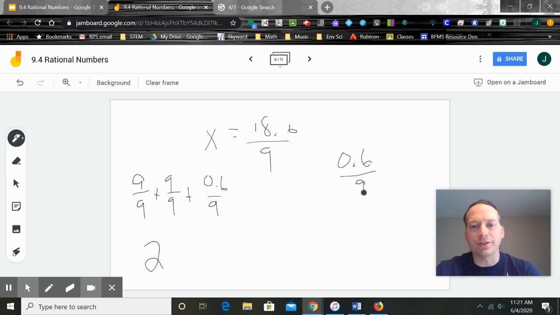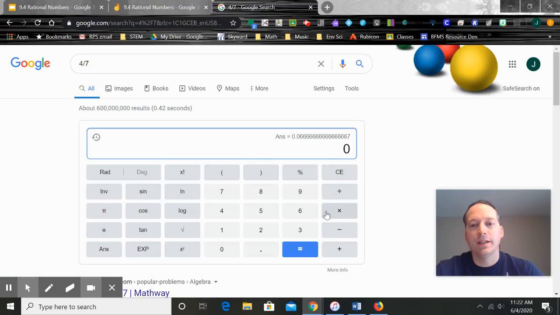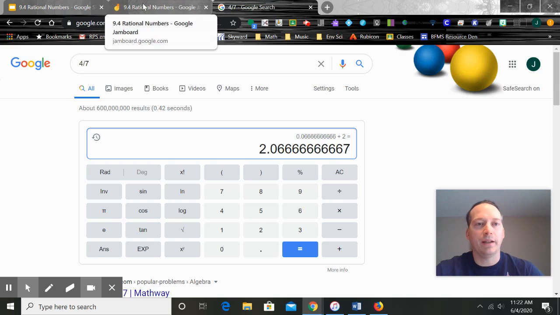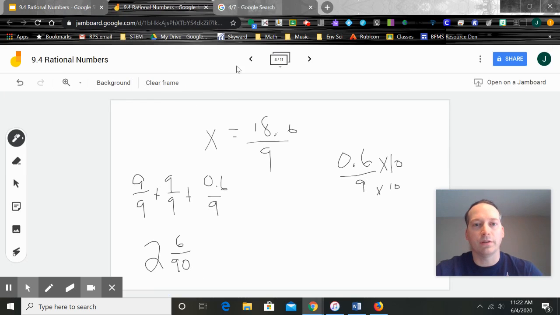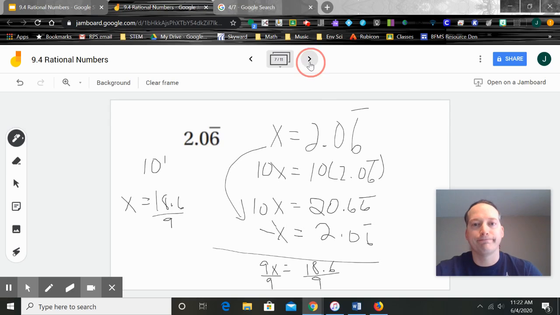All we have to do is make them integers. So how do I get this to be an integer? Well, multiply numerator and denominator by 10. That'll get that to 6. That'll still be an integer, so that is 6 over 90. So 2 and 6/90ths. And to prove it to you, if I divide 6 by 90 and add 2 to that, we get 2.06 repeated, and that's what our original equation was.